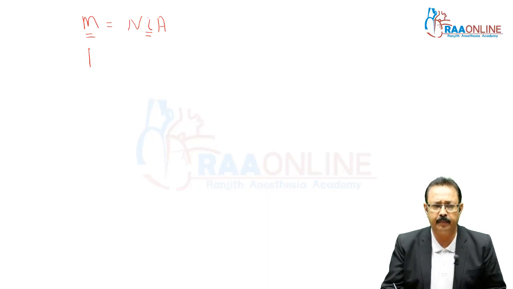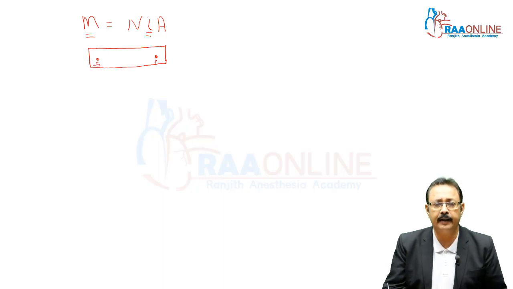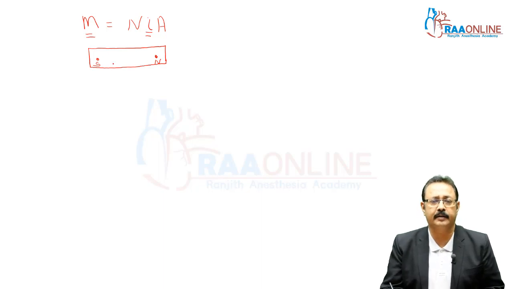What is there in a bar magnet? There are two poles. One is known as the North Pole and one is the South Pole. They are not at the end points of the magnet.